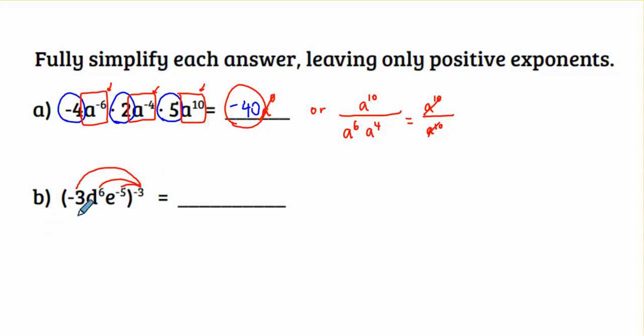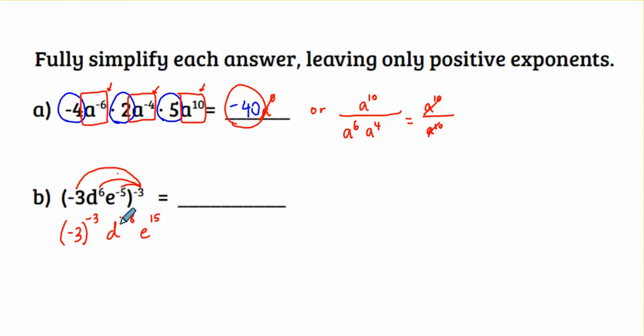Okay, so this becomes -3 to the -3rd power. Okay, this becomes d, and now what do we do with these exponents? We multiply the exponents. So 6 times -3 is -18, and e to the -5th raised to the -3rd, we multiply those and we get a +15.